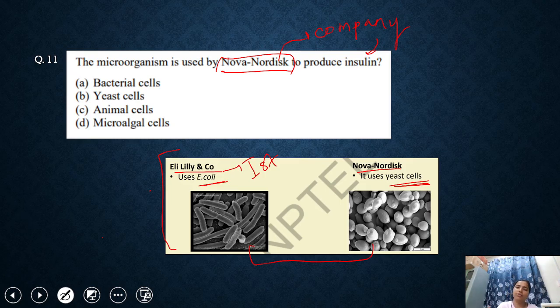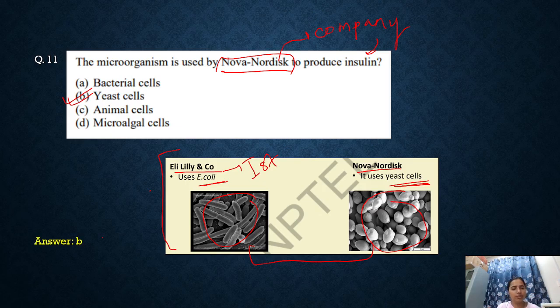So this is the difference in their production, that they use different types of microorganisms. So for this question, the answer is B.